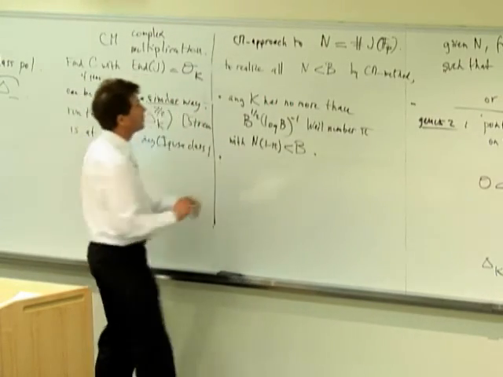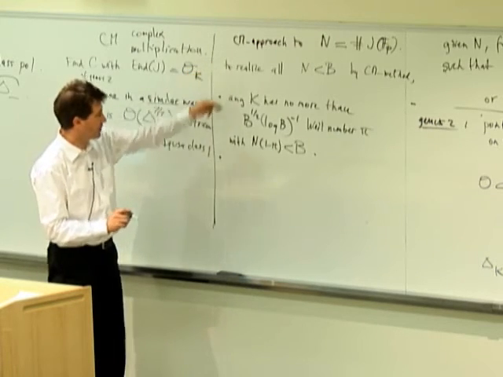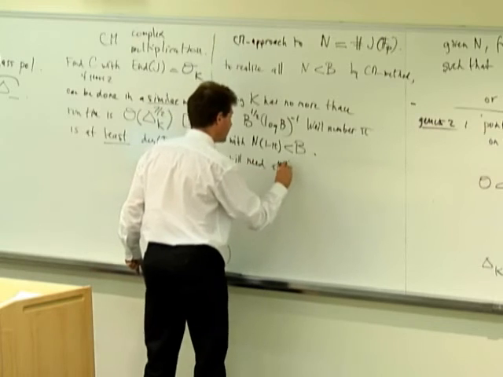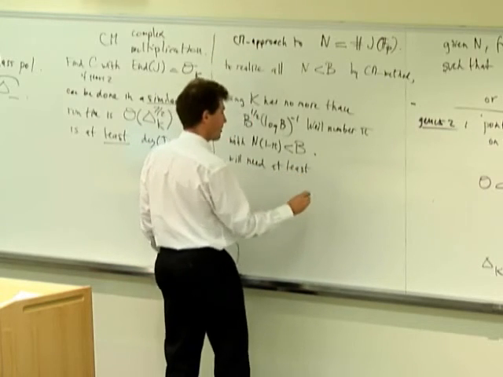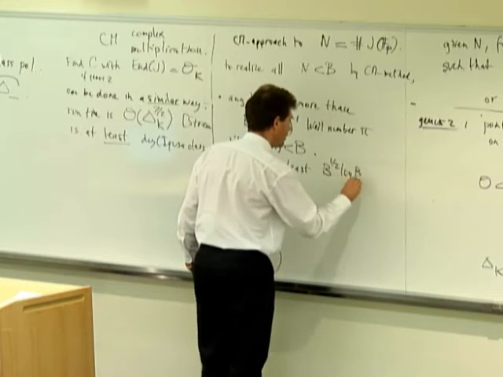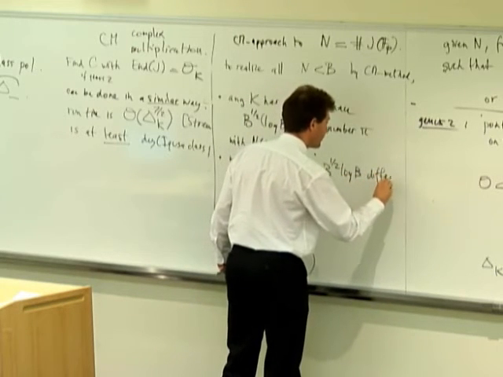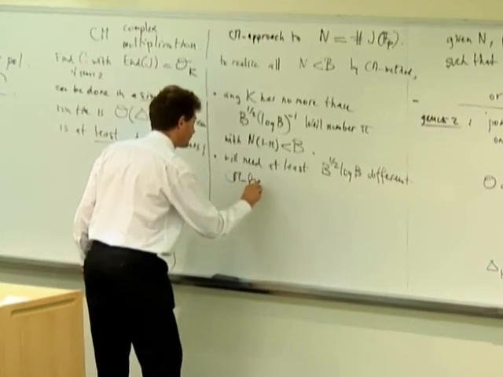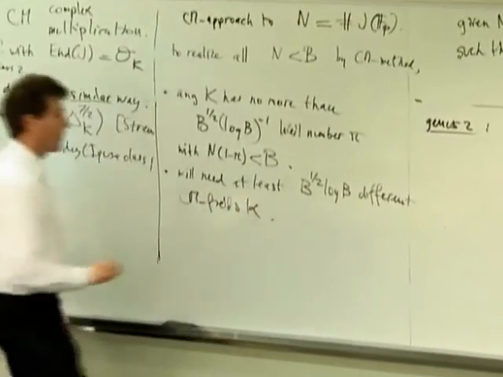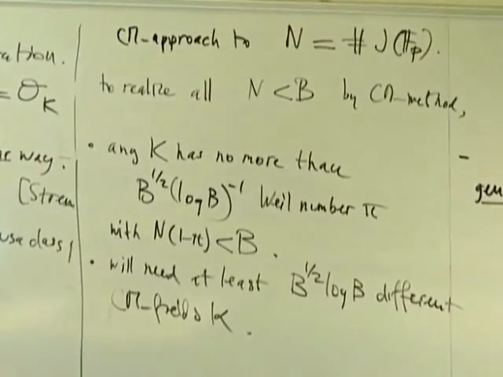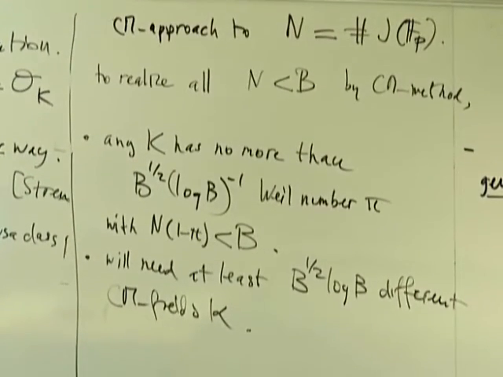So to realize all this b up to n, you see that we'll need at least square root b times log b different number fields, different CM fields k. And the question is, if you have that many different CM fields k, how large will their discriminants be?